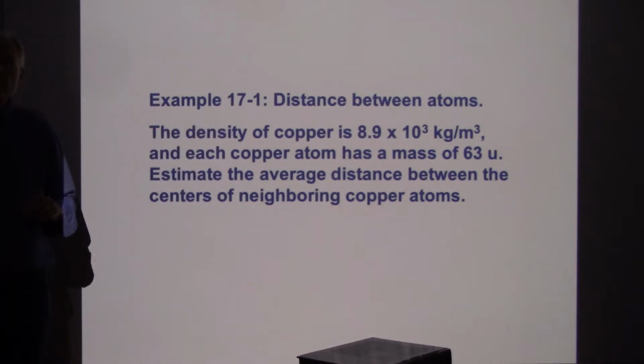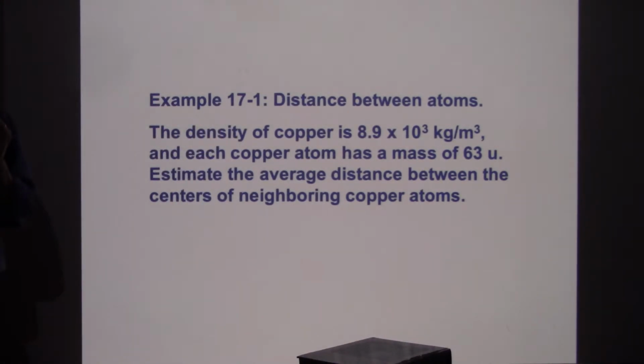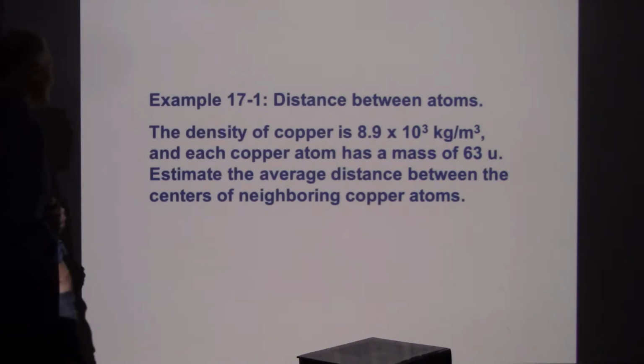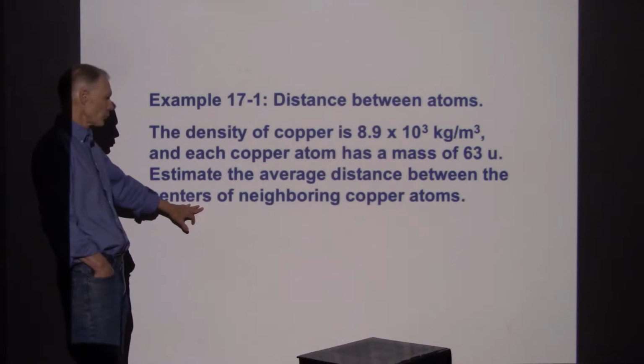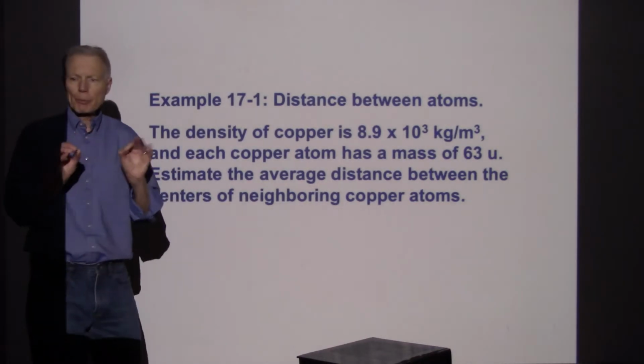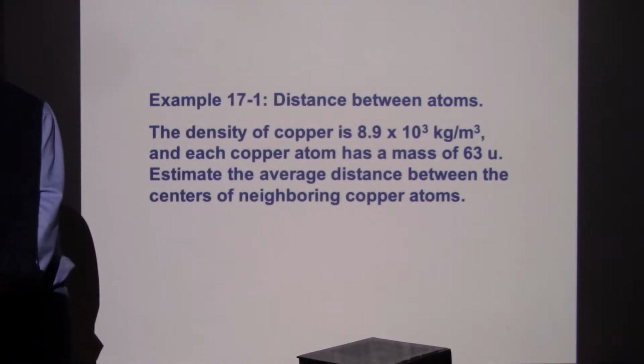The 63 atomic mass units tells me that the nucleus of copper must have 63 protons and neutrons combined. That's what will give us 63 atomic mass units. Estimate the distance between the centers of neighboring copper atoms within the crystal structure.